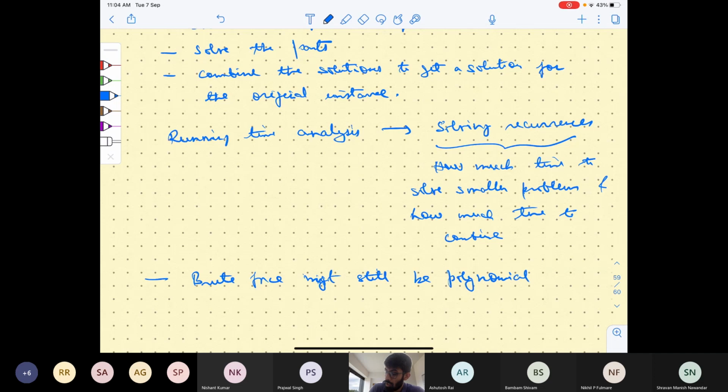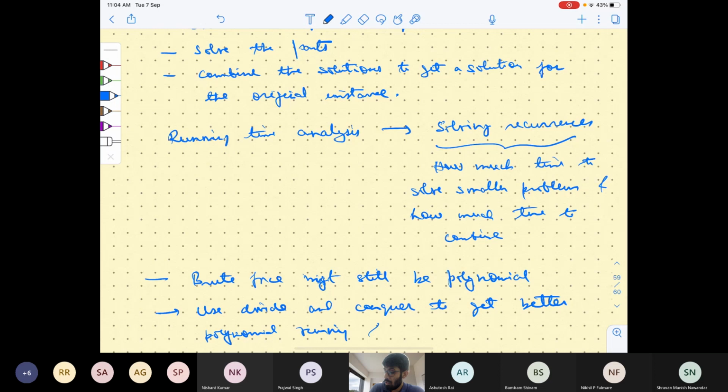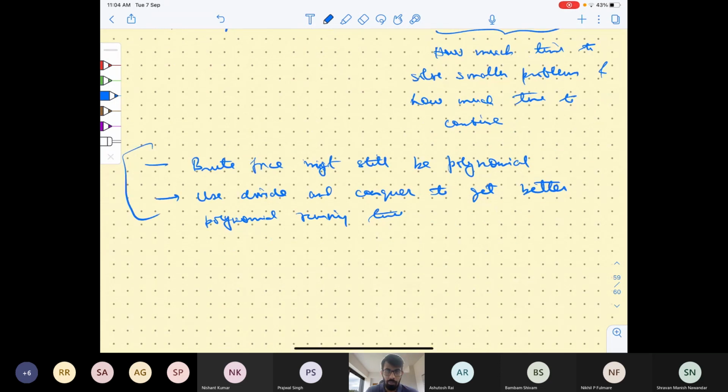We will use divide and conquer to get better polynomial running times only. I mean, this is just a fine point, not very important, but it might come to somebody's head that we can anyway get a polynomial time algorithm very easily by doing some sort of brute force. So why are we going for divide and conquer? Because generally we get better running times.